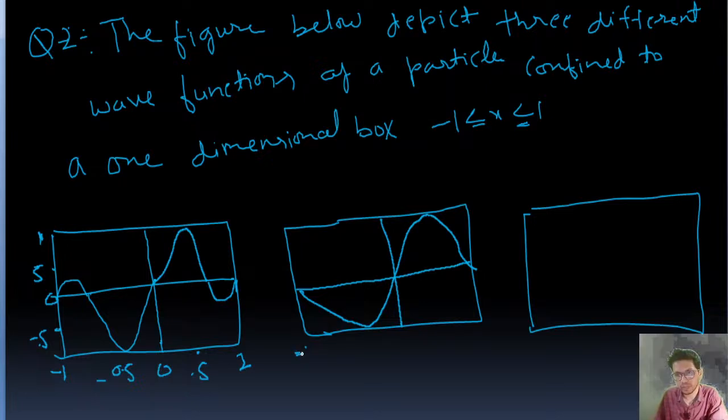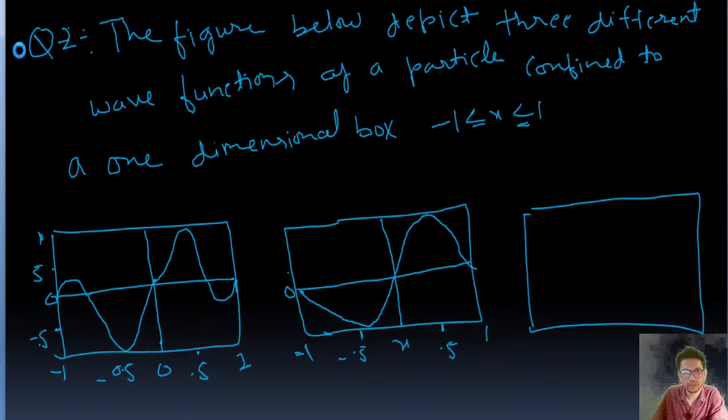This is -1. This is 1. This is x. This is 0.5. This is -0.5. Okay. Similarly, this is 0, and this is 0.5.